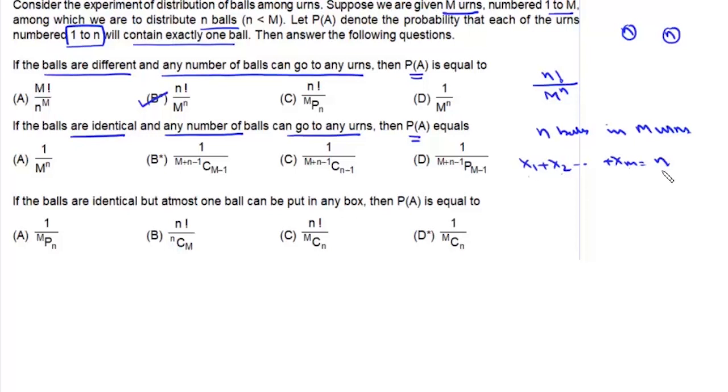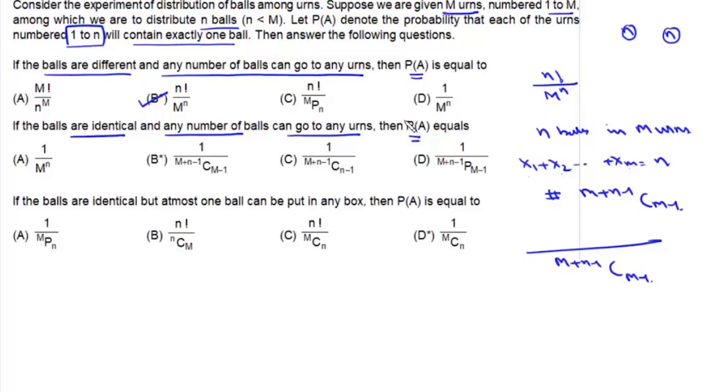And we have to find the number of non-negative integral solutions of this equation. And we know that the number of non-negative integral solutions is given by m plus n minus 1 C m minus 1. So the total number of cases will be m plus n minus 1 C m minus 1.